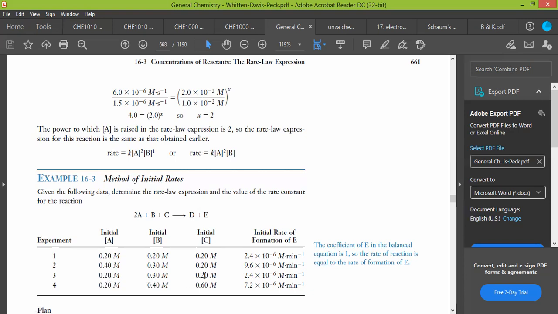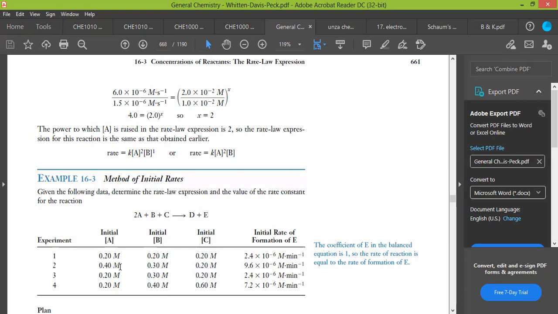So this simply means I can use experiment 1 and experiment 3, because if you look at experiment, you have 0.2, and here you have 0.2. When you come there, you have 0.2, and there you have 0.2. So experiment 1 and 2 are the 2 experiments I'm going to use to find the order of the reaction with respect to B, because B is changing in these two experiments.